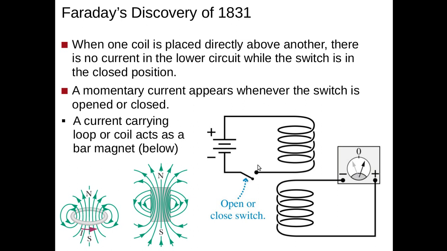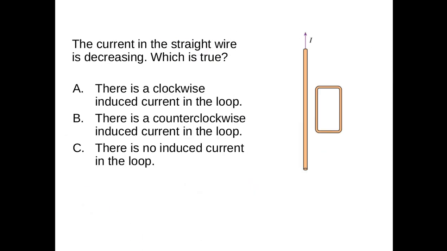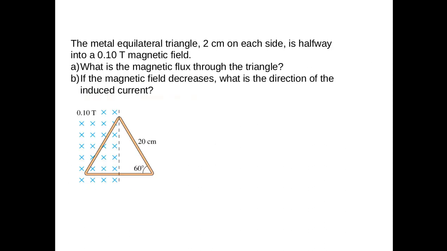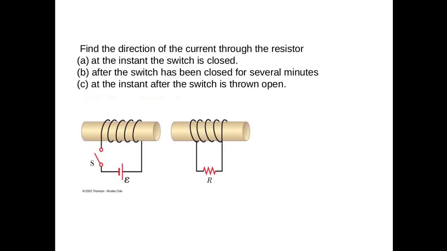We're going to close the switch, leave it on for a while, and then open the switch back up, and then we're going to see how the magnetic field generated by this coil induces a magnetic field in this coil, and then we're going to use our right hand rule to find the direction of the current. So that's what we're doing in this problem here.